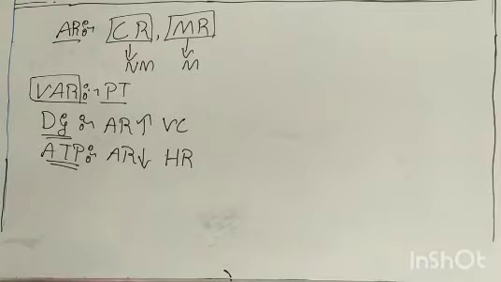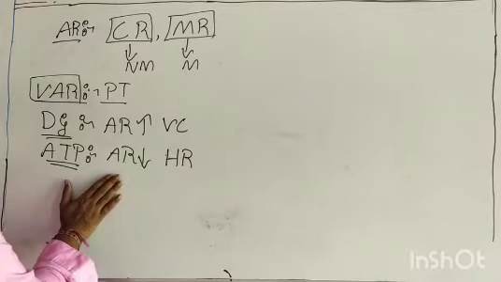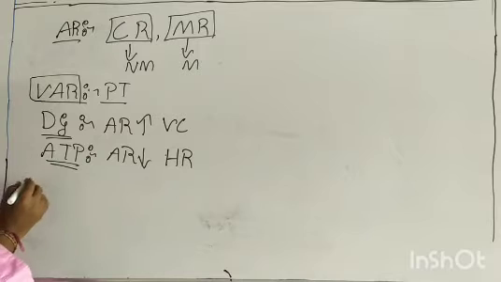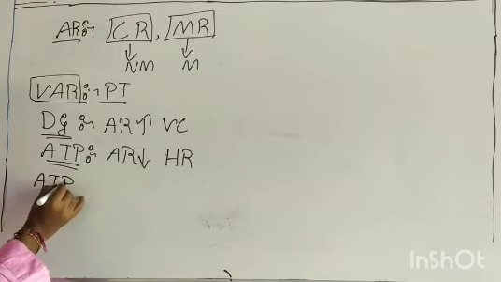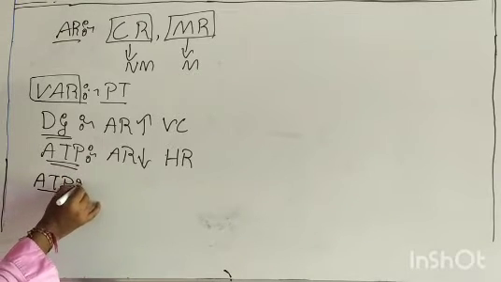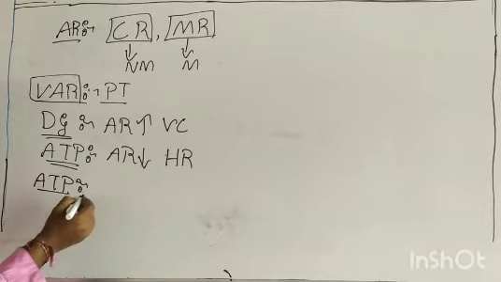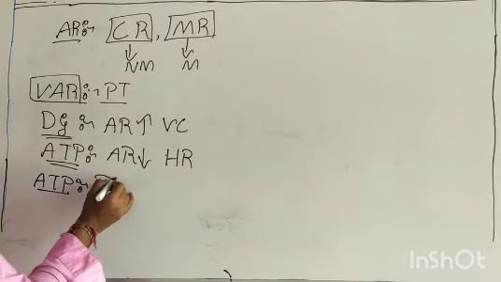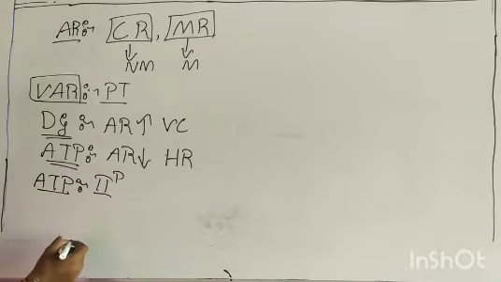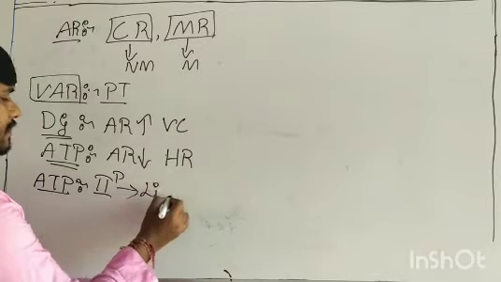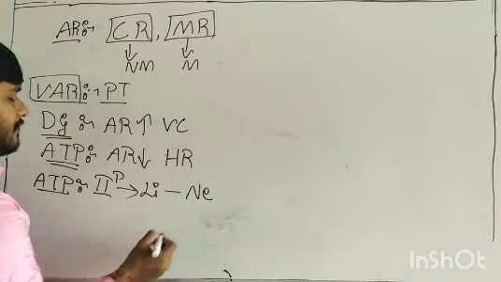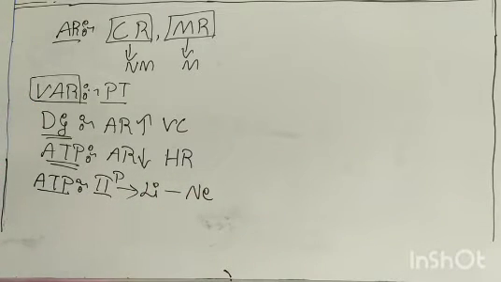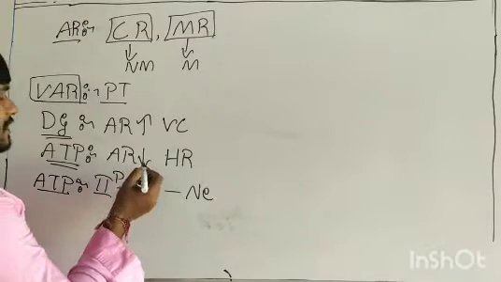First I will consider along the period. If you want to consider the second period, the variation is from lithium to neon. What is the general trend?